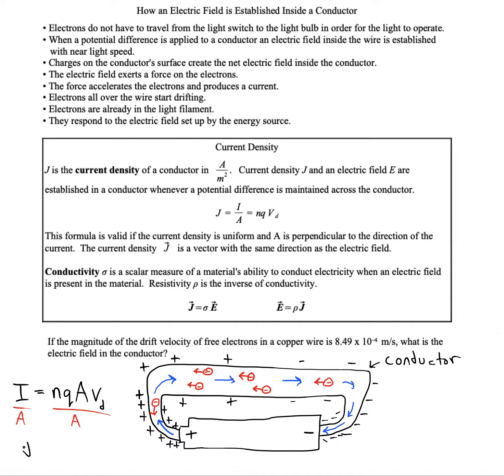The formula is J equals nq times the drift speed, where J stands for the current density. It's the rate of current divided by cross-sectional area. So for a constant current, the larger the cross-sectional area, the smaller the current density.